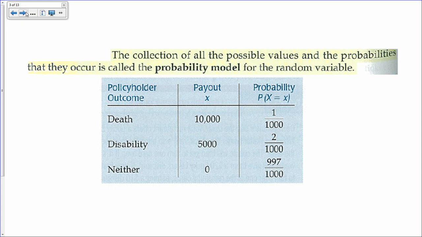Okay, the first way to talk about discrete random variables is in a probability model, and the book talks about, I think, life insurance policies and the payout in death or disability or neither. Those are laid out in this chart, and over here are the probabilities where each of these events could happen. This probability model is very powerful for us and helps us to analyze the situation a bit more.